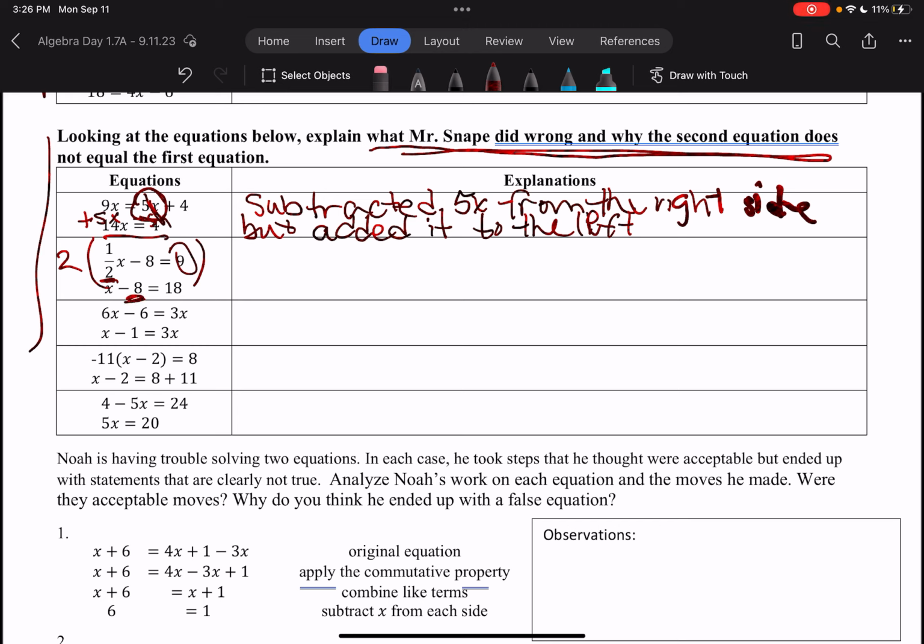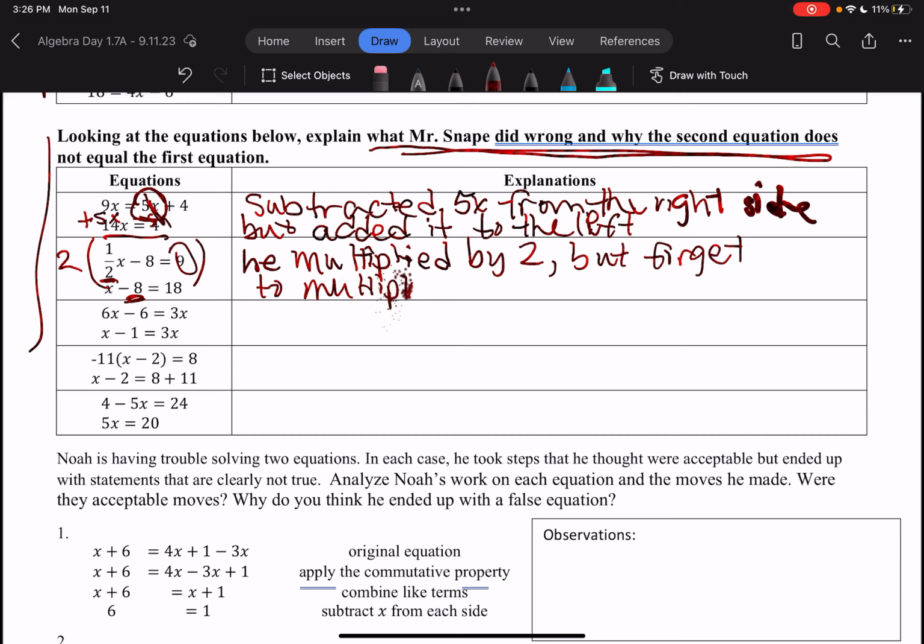So what he did wrong here is he multiplied by 2, but forgot to multiply the -8. So he didn't multiply the whole thing by 2.